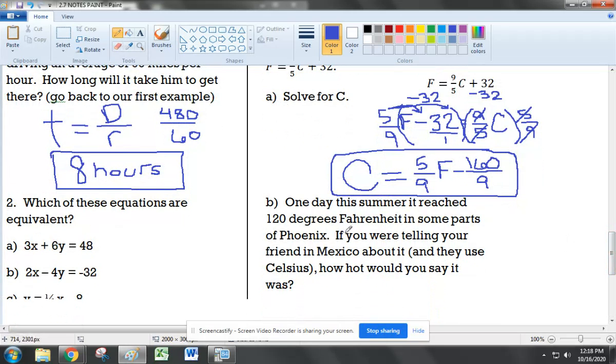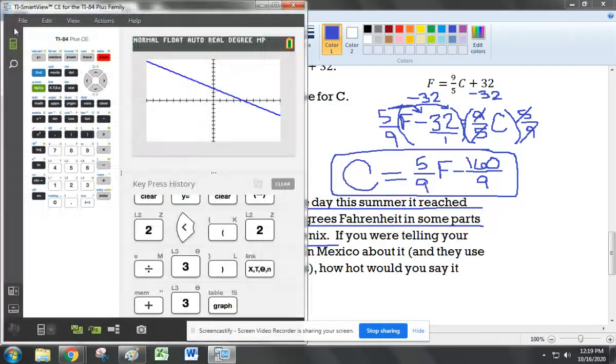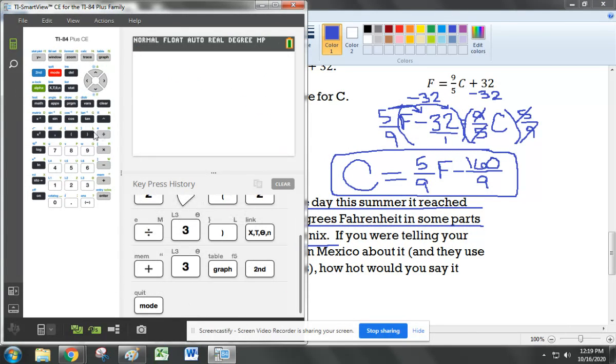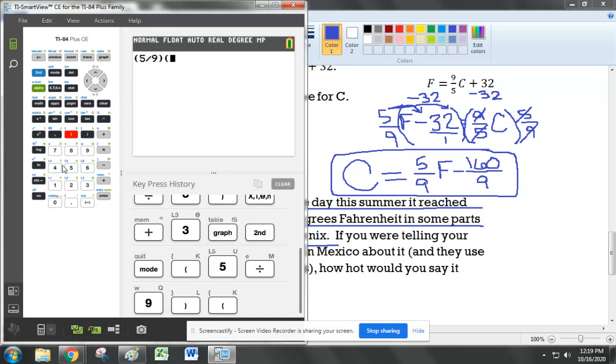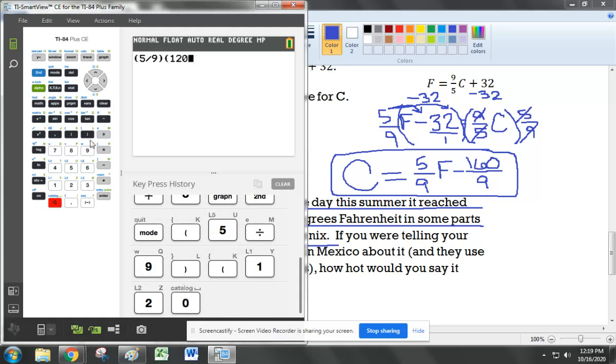One day this summer, it reached 120 degrees Fahrenheit in some parts of Phoenix. True story. If you were telling your friend in Mexico about it and they use Celsius, how hot would you say it was? Well, we could take that information. We could take that 5/9, which, by the way, some kids ask me, what is the fraction button on my calculator? Fractions are just division.